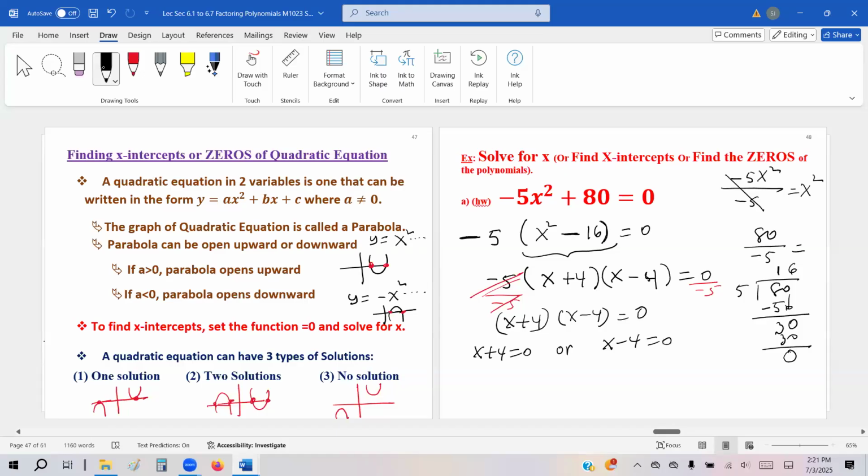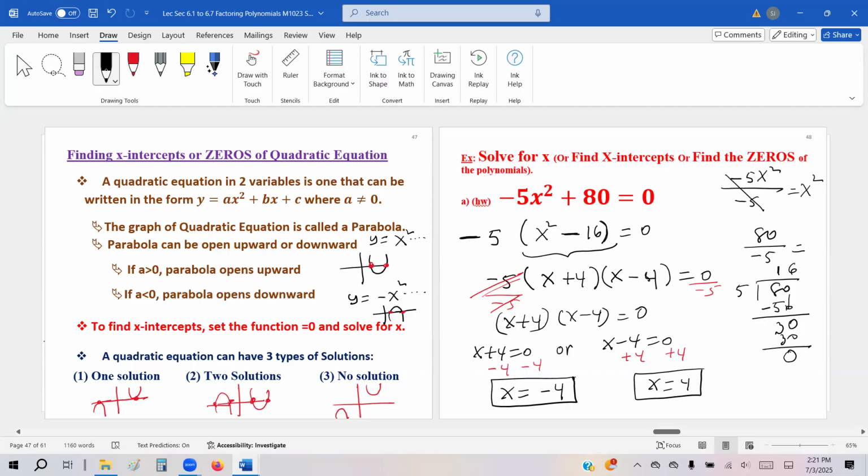One of them is 0, but we don't know which one. And then we solve for x. So we subtract 4 here, and we add 4 here. That tells us your two solutions, -4 and +4.